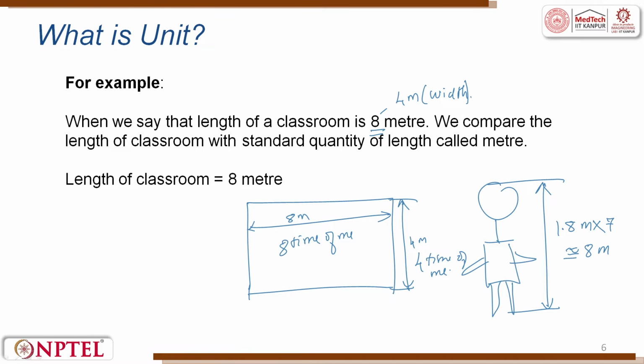So, in order to express this, you need to have a unit. Magnitudes have no meaning without units. For example, you would have taken a photo of yourself in front of the Taj Mahal. You will be standing somewhere and you will be trying to have a feel.